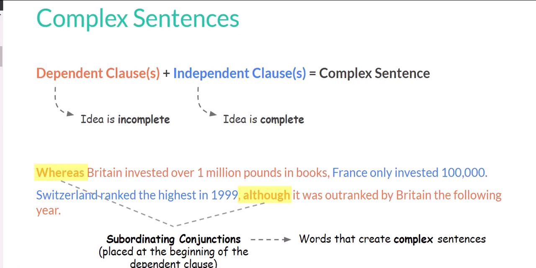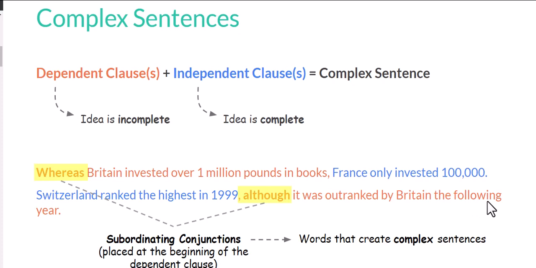Let's look at another example. Here we have two different examples; I know I read them together, but they are different. The next example: Switzerland ranked the highest in 1999, although it was outranked by Britain the following year. Here we have the separating conjunction.